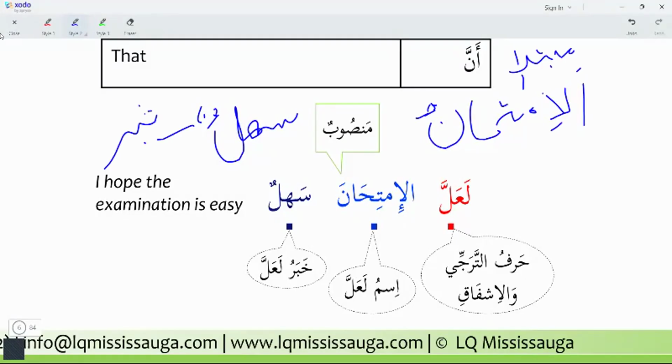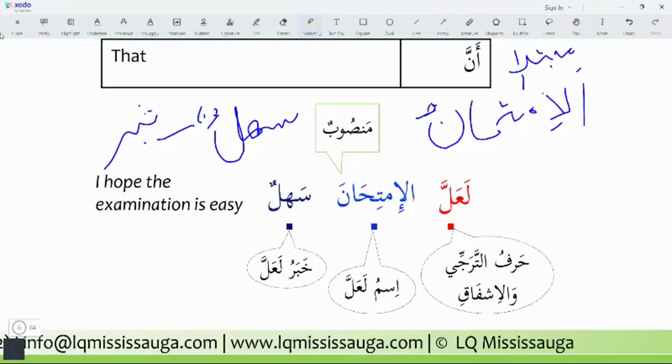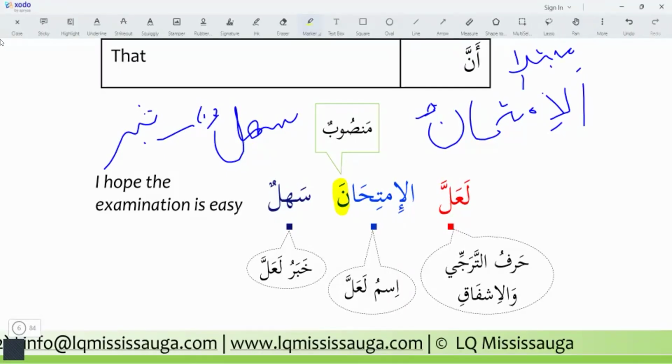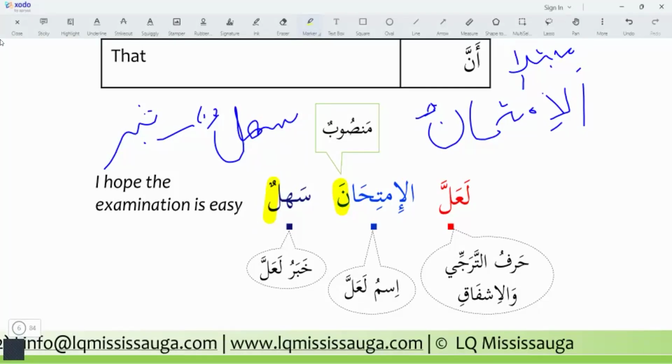After using la'alla, la'allal imtihana, it becomes mansub. La'allal imtihana sahlun. So the khabar will remain marfu, there is no change in the khabar.